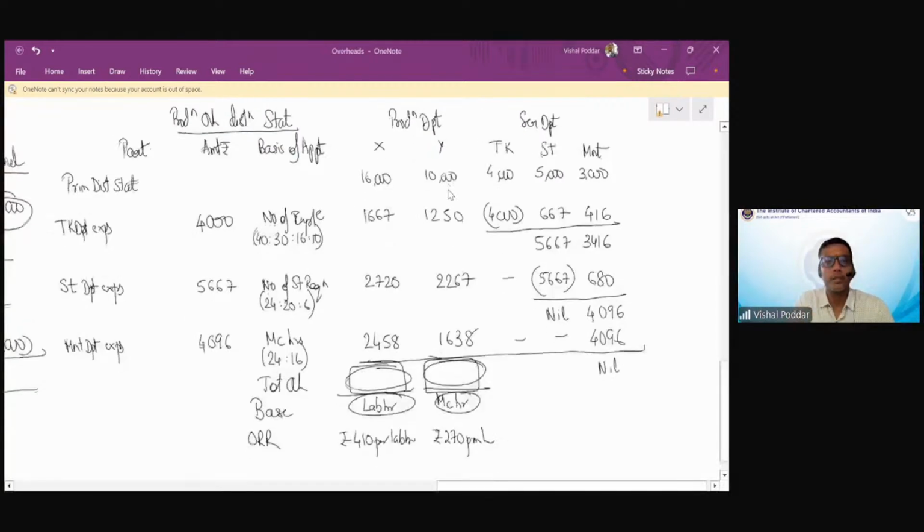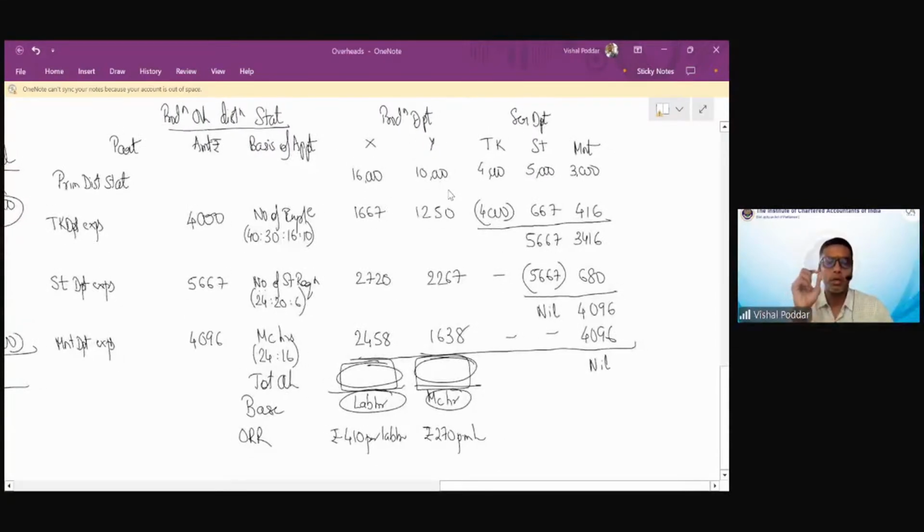So see, Srini has a new insight that if we have to start, can we go by the weightage of amount? Answer is no. I'll tell you why. Let us say I go by Srini's case. I start with stores. What would have happened if I would have started with stores? Stores is not providing any service to timekeeping. That is very clear because the ratio for stores is not given in the timekeeping column.